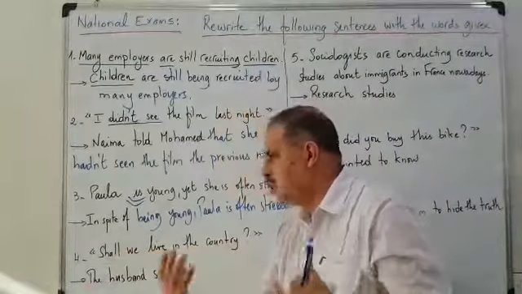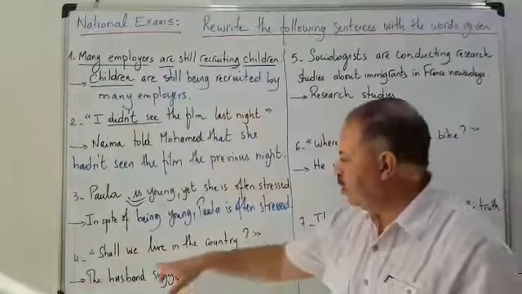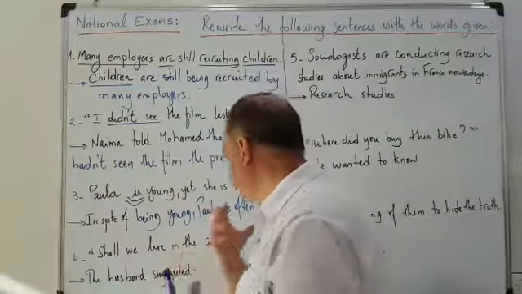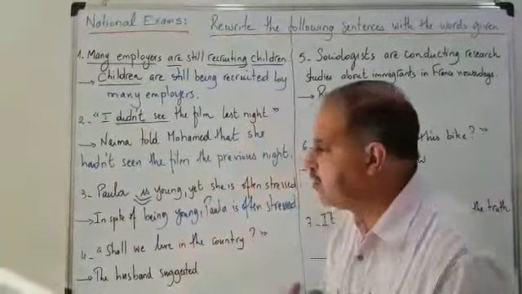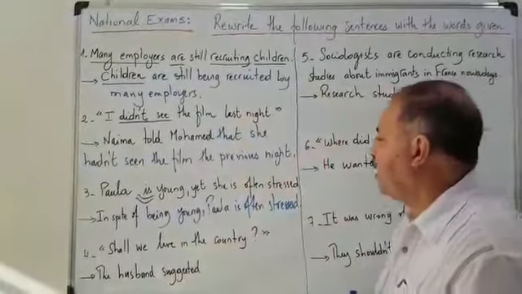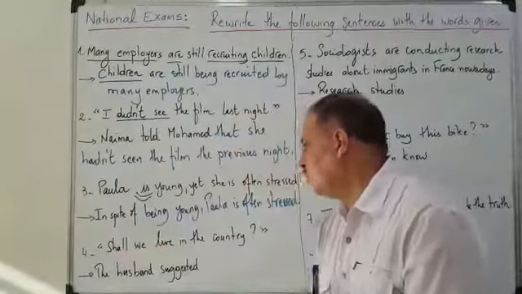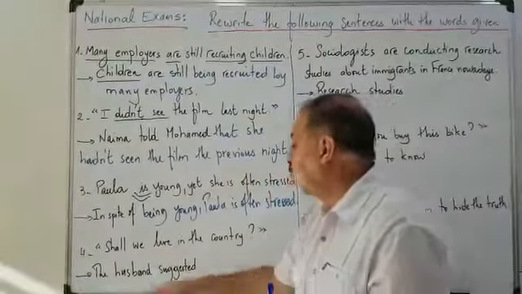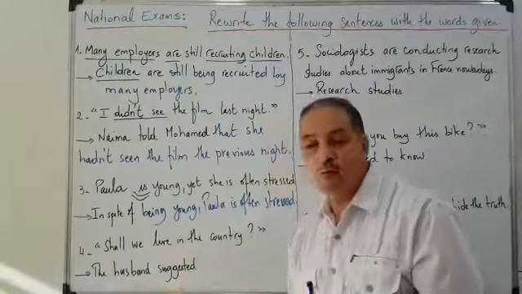Remember that shall is used only with the first person singular and first person plural. We can say shall I or shall we. So, shall we live in the country? Here it's reported speech, and the reporting verb is suggested.